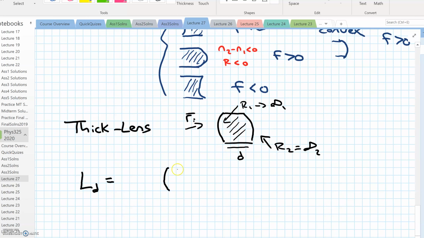So that's what we're going to want to hit it with first. And then we go through a translation, D over N. And then we're going to finally, after that translation, hit the last surface.